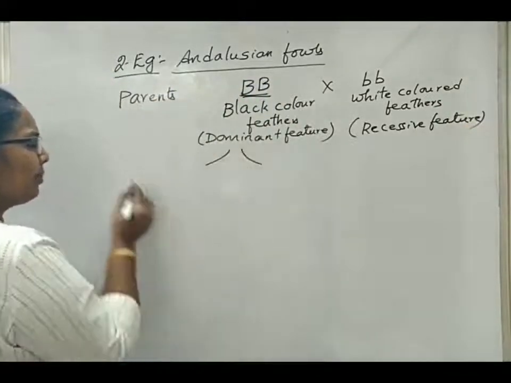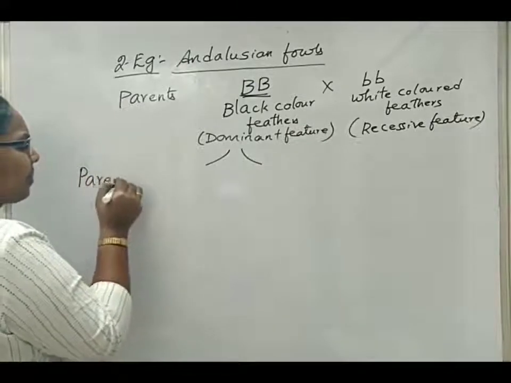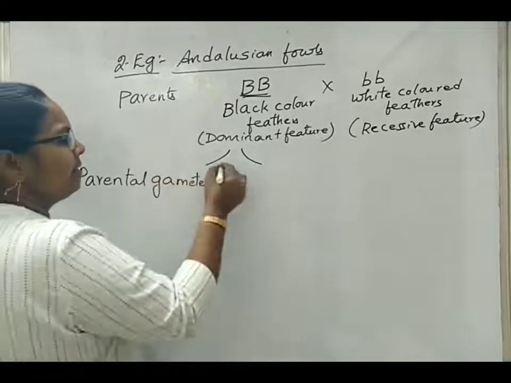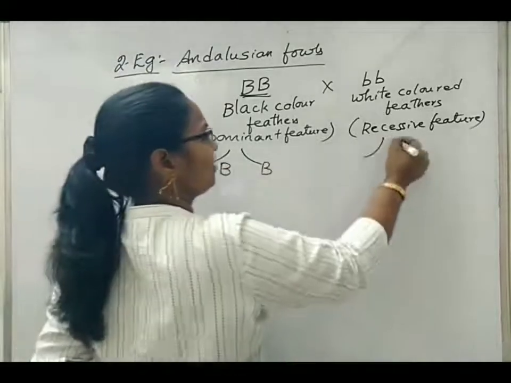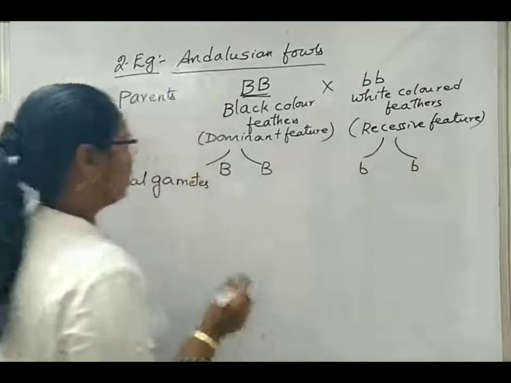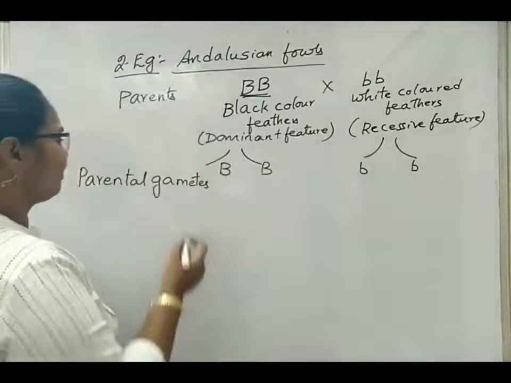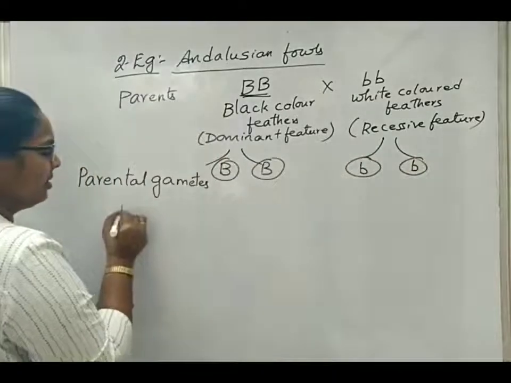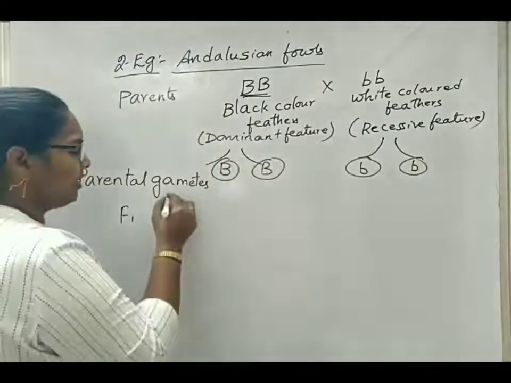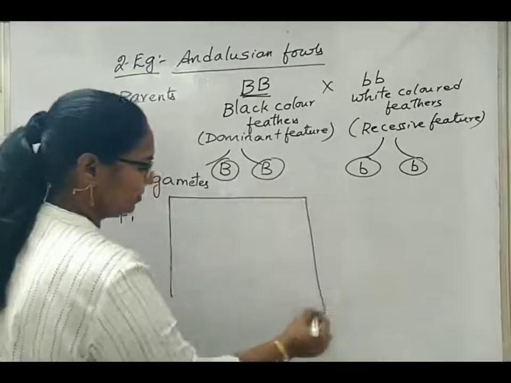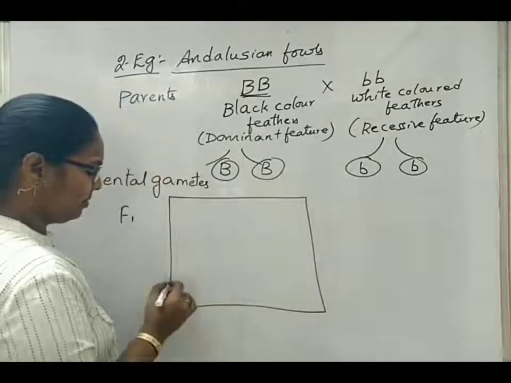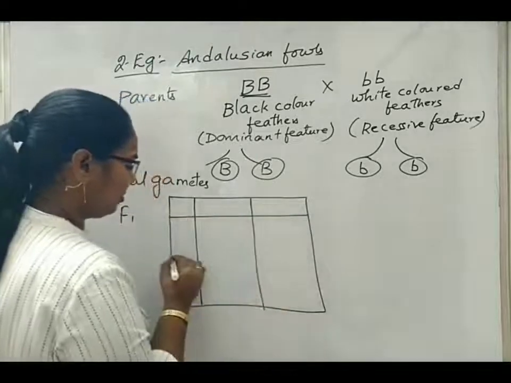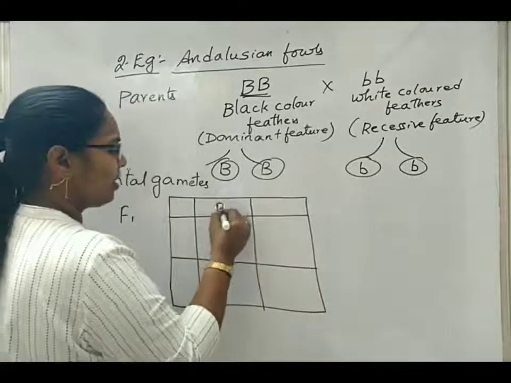Coming to the obtaining of the parental gametes. Parental gametes. It can be like this. So now, when we cross these two gametes, in the F1 generation, what are we getting? If we draw a Punnett square and check what type of genotypic expression and phenotypic expression are obtained.